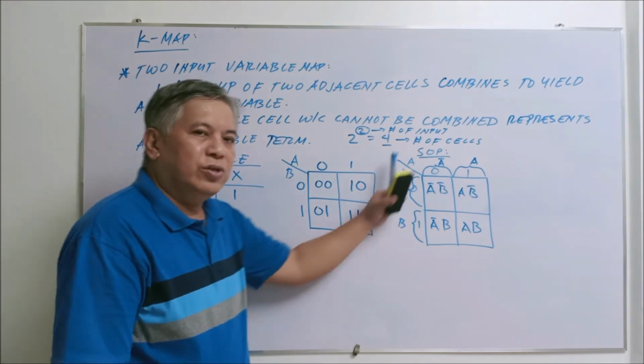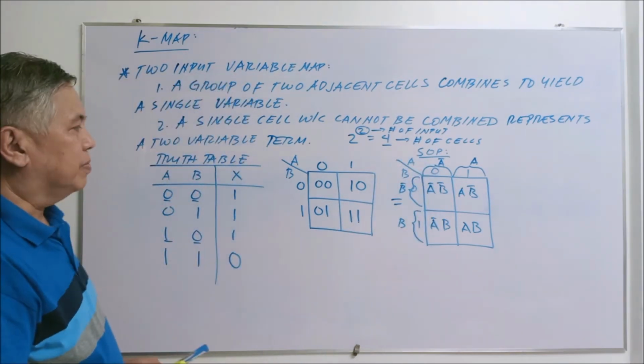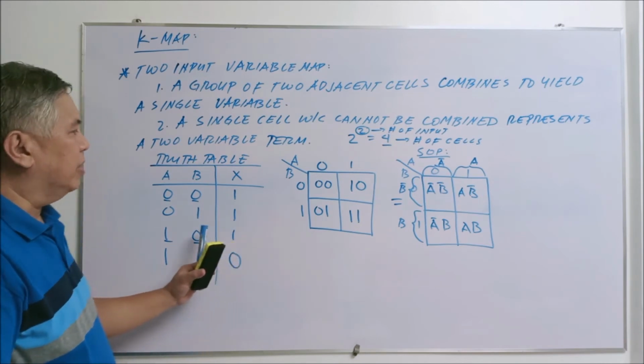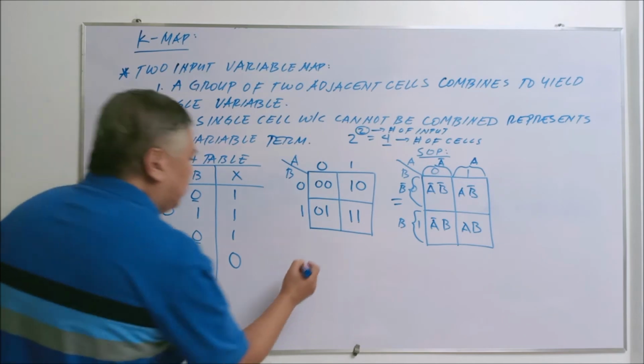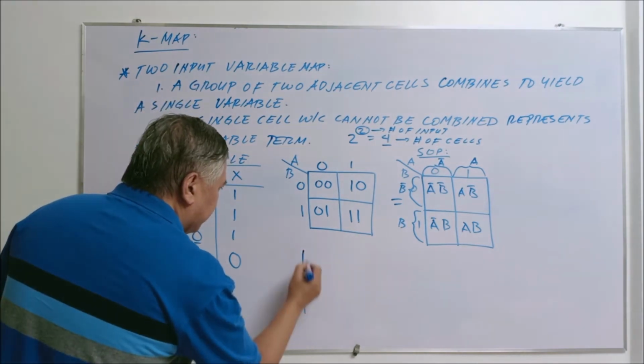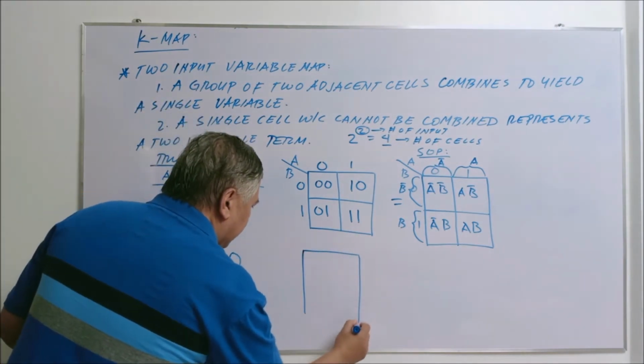Now, that is using the product term. Now, if we represent the table using our K-map, this will be our K-map representation of the table.